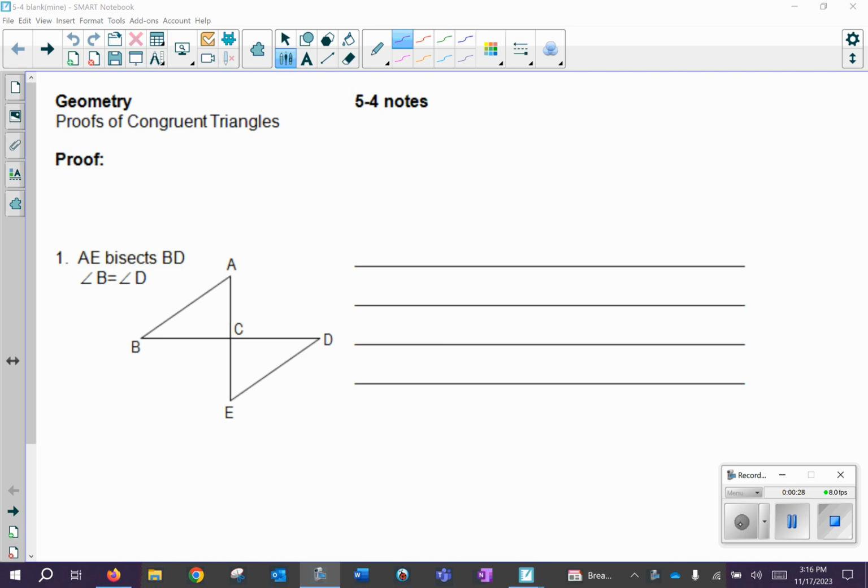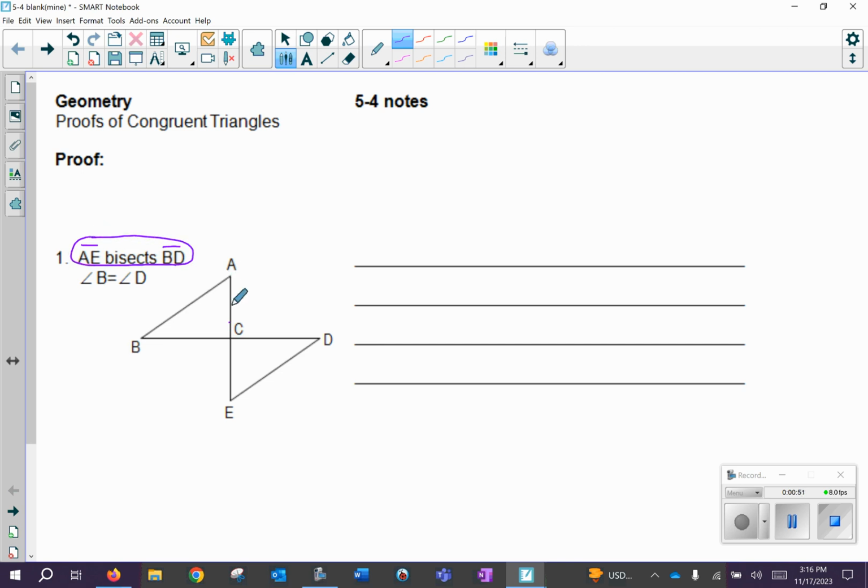Okay, so following with our color coding like we were doing when we first started these, giving you a piece of information and you coming up with a conclusion, I'm going to follow the same thing, right? So segment AE bisects segment BD.